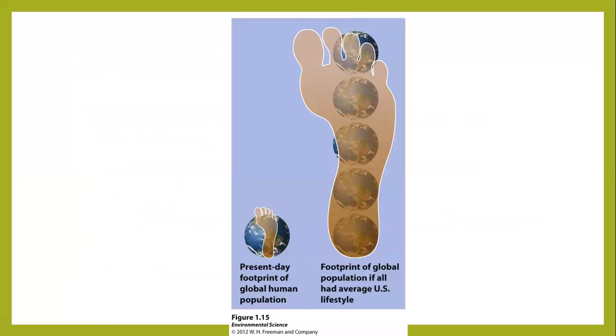Present day footprint of the human population versus the footprint of global population if all had the average lifestyle. So right now, the world is managing to make it balanced, but that's because a lot of people do not have a lifestyle similar to the United States. And if you think back to your ecological footprint, this one says 1, 2, 3, 4, 5 Earths. I would say between 3.5 and 5 is a pretty good estimate for most American households. And obviously we don't have 3.5 Earths.